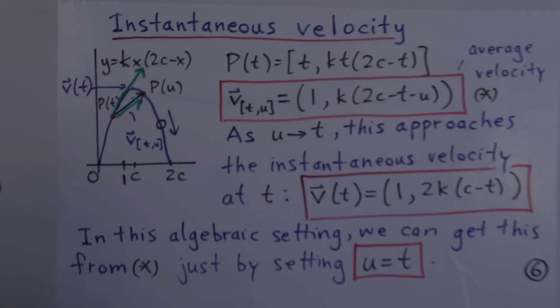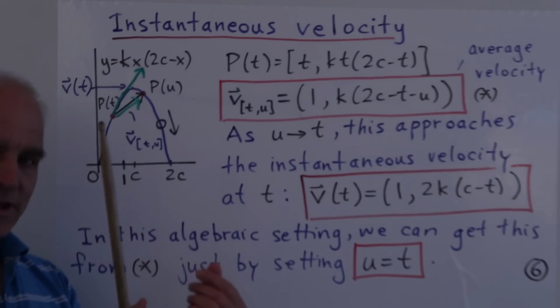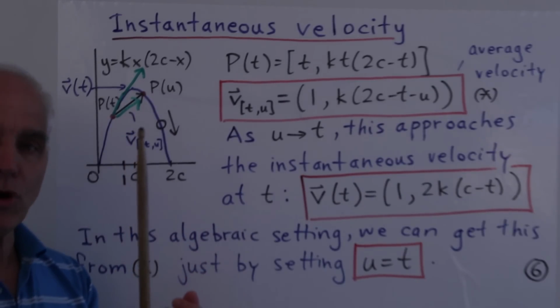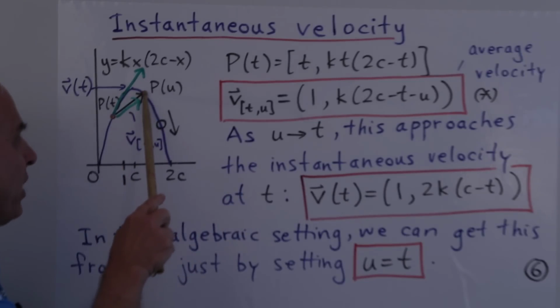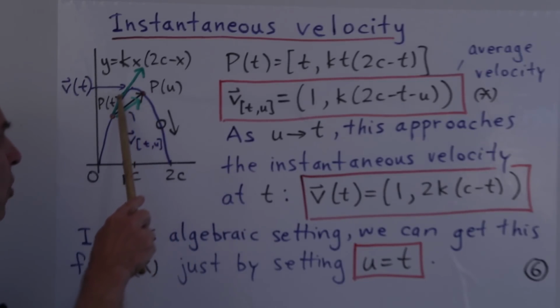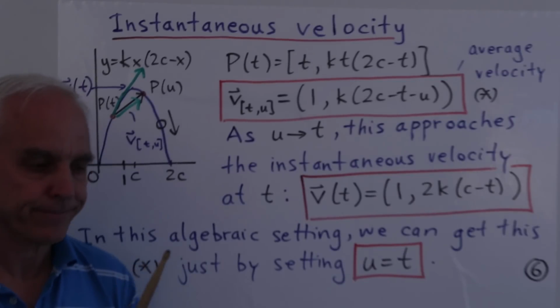And now we're going to think what happens as the point u approaches the point t. As these two values, t and u, for the time, start to merge together. So this point is fixed, but this point here is going to start moving towards this fixed point on the parabola.